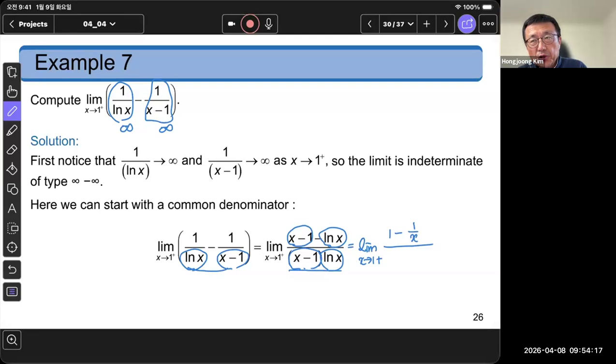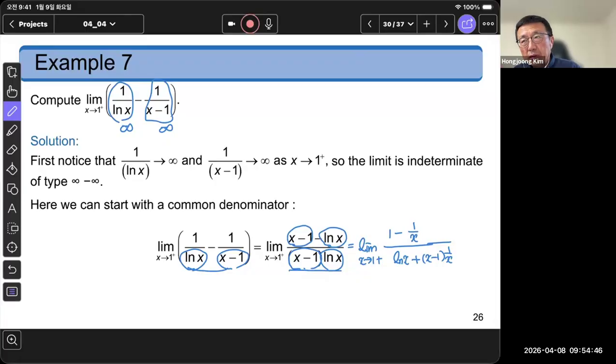When I first differentiate x minus 1, the derivative is 1, so 1 times log x is obtained. And then if I keep x minus 1 and differentiate log x, you get 1 over x. If I multiply them, we get this.